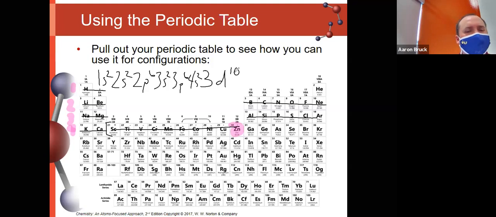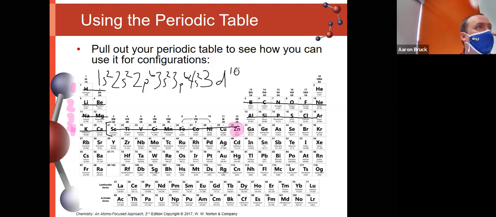So there are a lot of ways that you can go about doing this. But to me, it always helps to know where to stop. If I know where to stop, then I know that everything else before that I can just completely fill in. And I can use the periodic table as that guide.